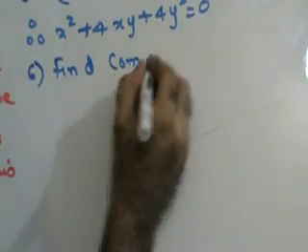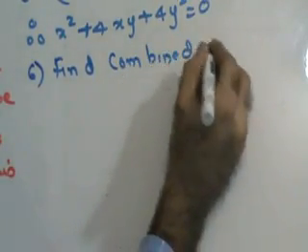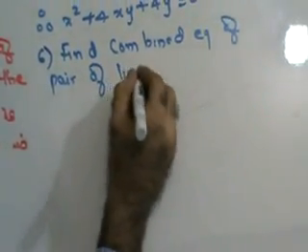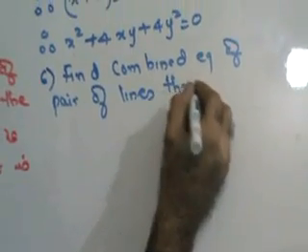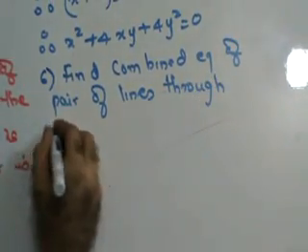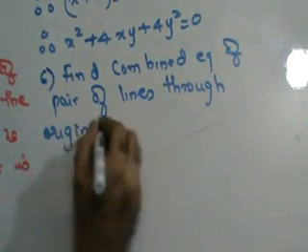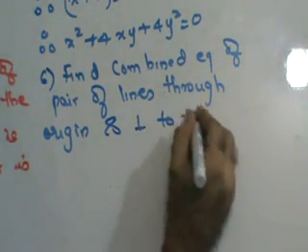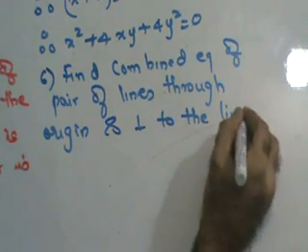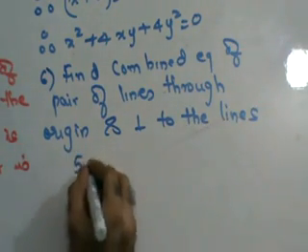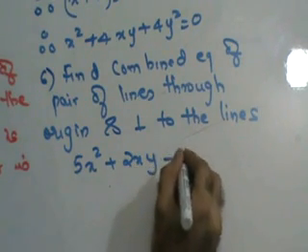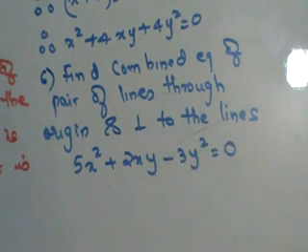Find combined equation of pair of lines through origin and perpendicular to the lines 5x square plus 2xy minus 3y square is 0.